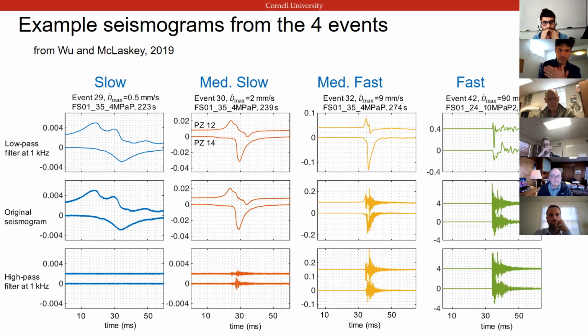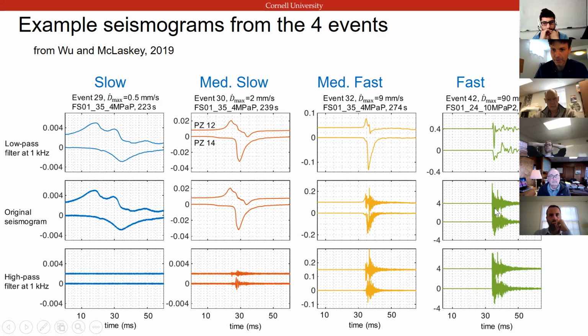The duration of rupture for one of these complete rupture events is maybe 8 milliseconds, which seems short, but that's a long time. That's enough time for waves to bounce around a lot in the sample.